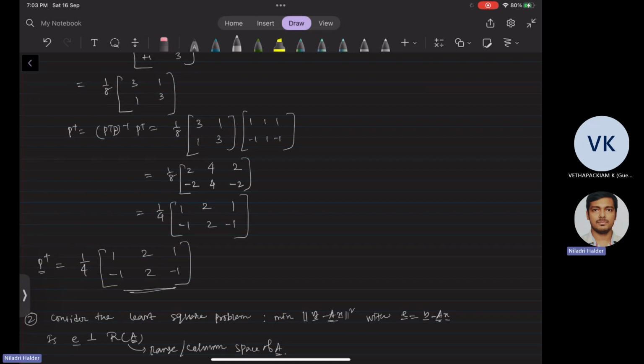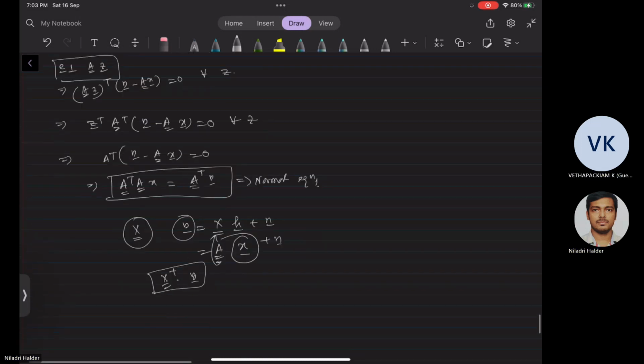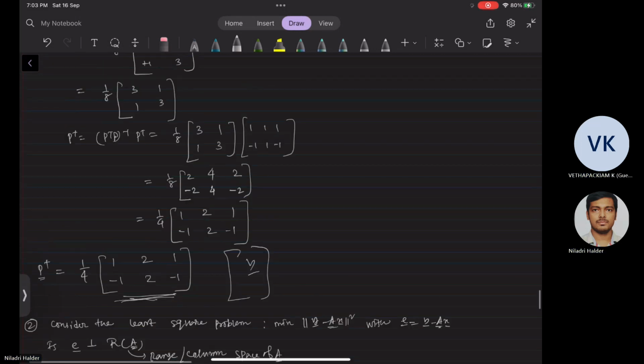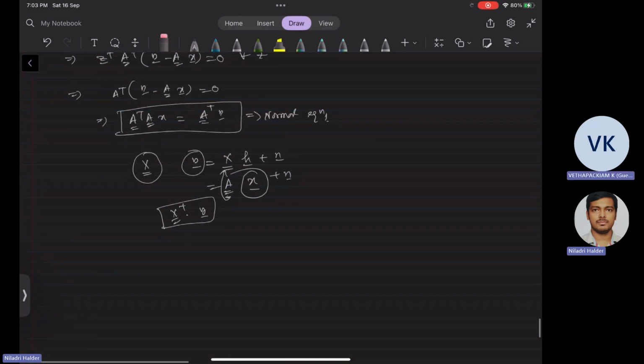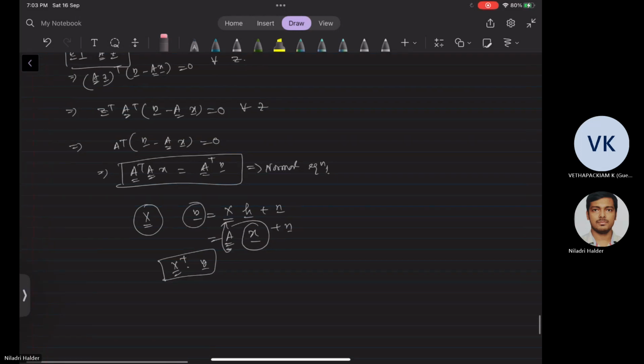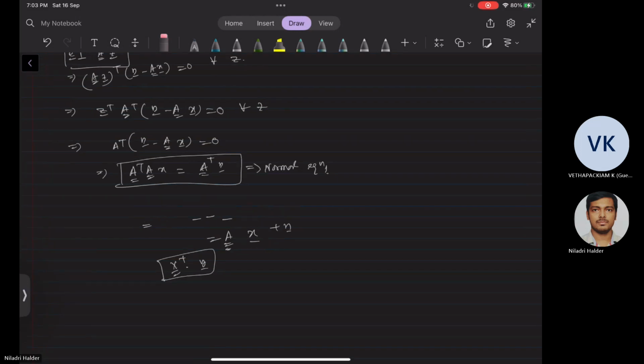This is the pseudo inverse. You just need to multiply this matrix into this vector Y. Okay, sir. Thank you.